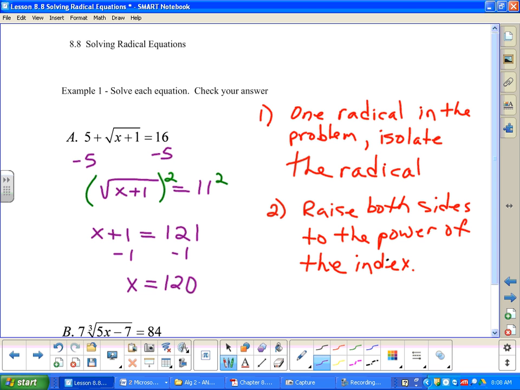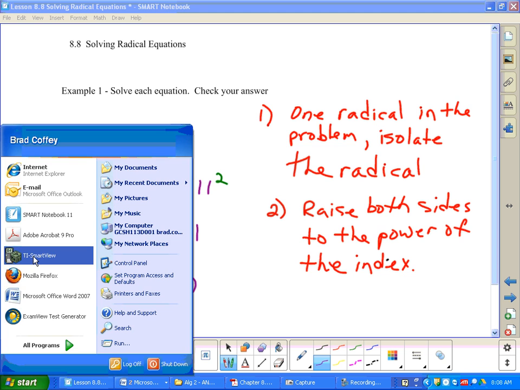Then we want to check our answer, and you can write it down, or you can put it in your calculator and check it. So for this one, let's just type it in our calculator and see if it works.